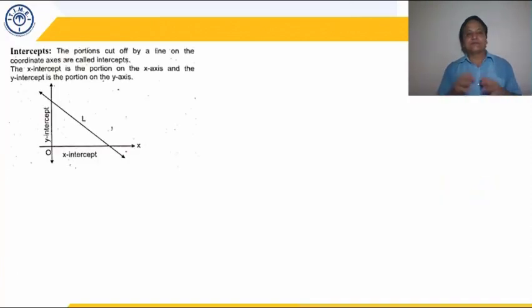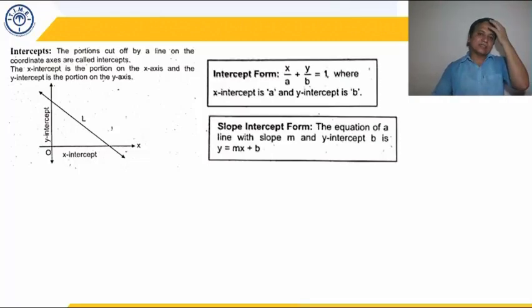Now, intercept form. If a straight line cuts some length on the x-axis, that is called x-intercept, and on the y-axis the length is y-intercept. Then we say its equation is x upon a plus y upon b is equal to 1, if x-intercept is a and y-intercept is b. It's the intercept form.